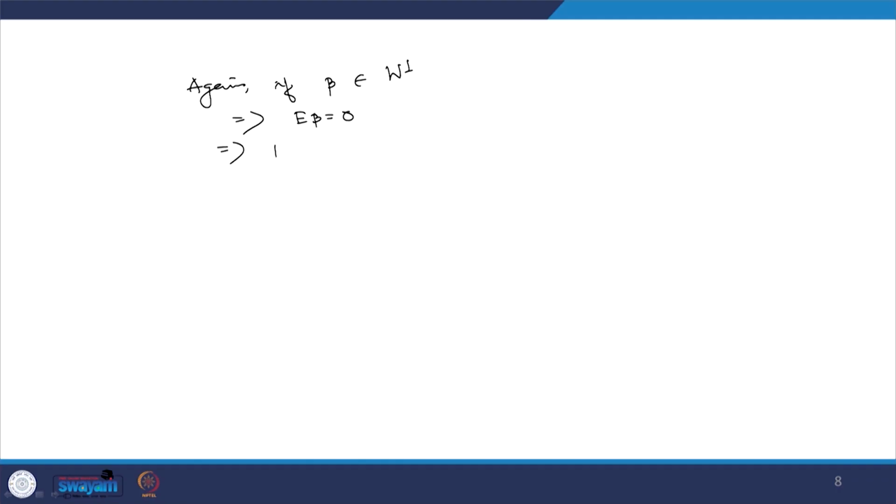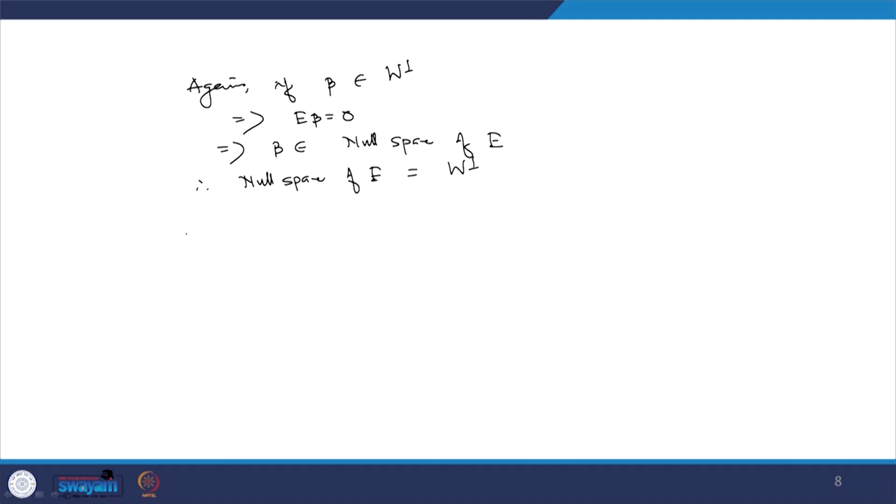So, this implies beta belongs to the null space of E. So, null space of E equals W complement.